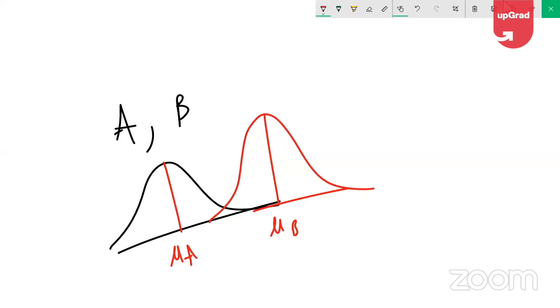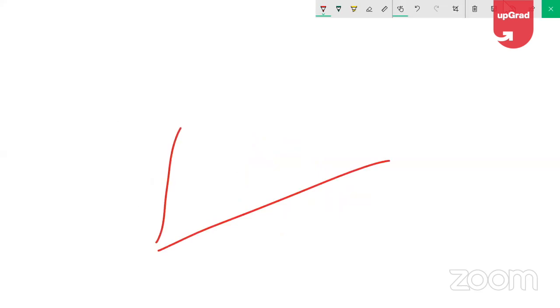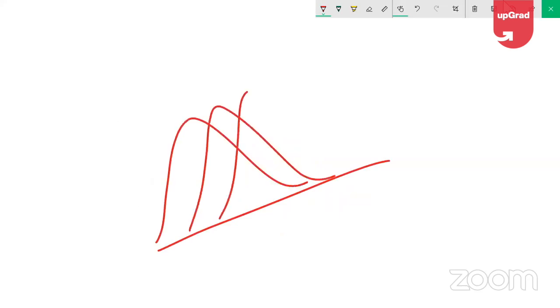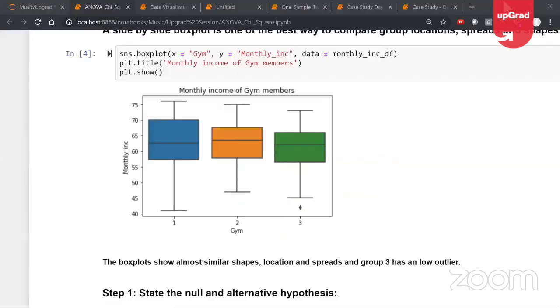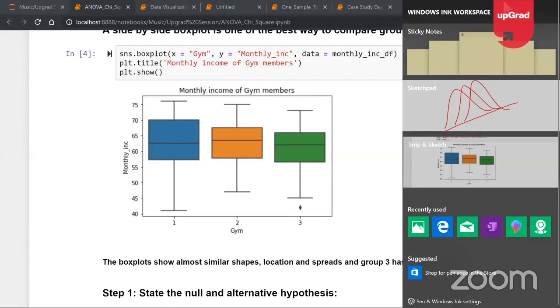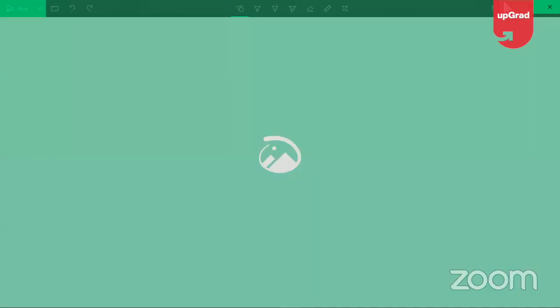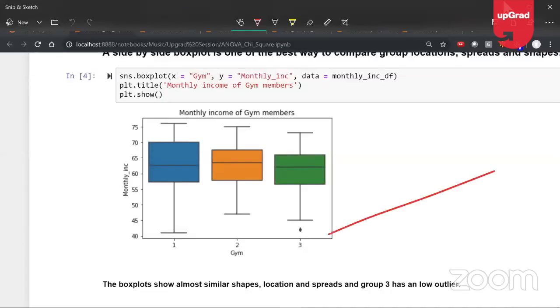The only difference in ANOVA is that you're having multiple samples, right? Here you have only A and B in 2 sample t-tests. In ANOVA, you basically have a third variable C. In the world of ANOVA, you have gym A, gym B, and gym C. If I plot a similar distribution plot for this, it looks somewhat like this.